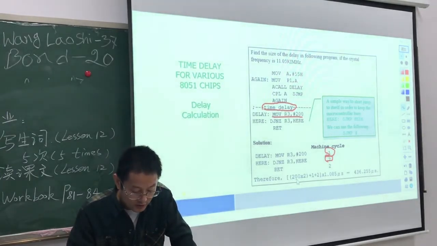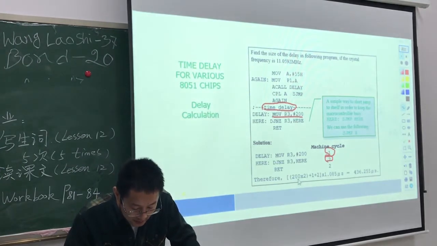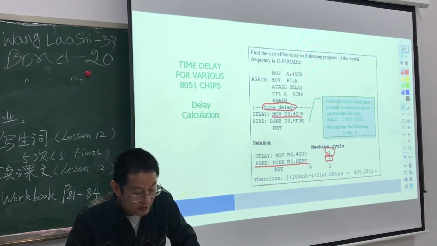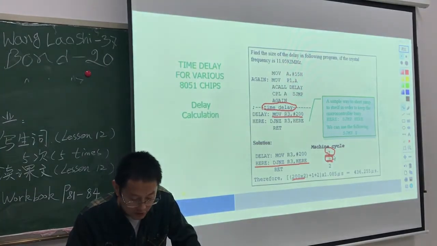So we multiply two by 200 and add the one machine cycle of MOV.